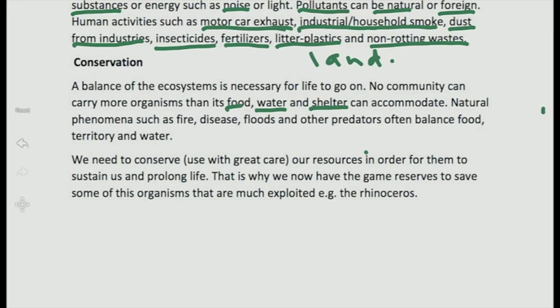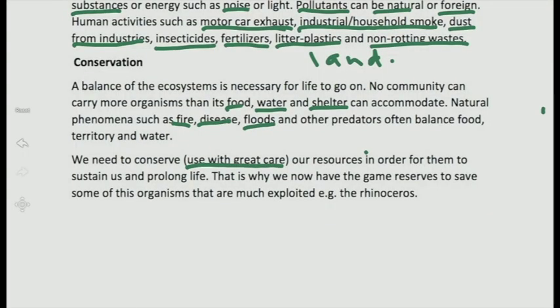Natural phenomena such as fire, disease or diseases, and floods and other predators are there to balance our food, our territory, a space where we survive, and the water. We need all this so that there is a balance in that ecosystem. But we need to conserve or use these things with great care.